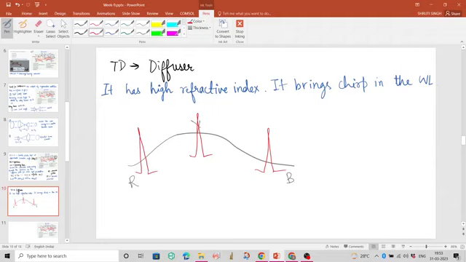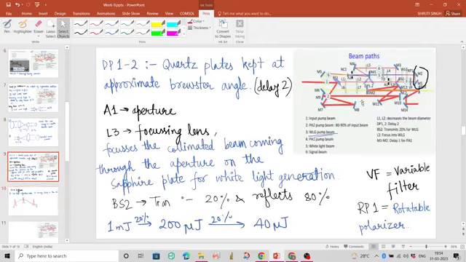The time at which these two beams come together, that part of the white light will get amplified. So that's why if they are chirped, if these wavelengths have different time delay, then it is easier to do this amplification. So that's why we bring chirp.